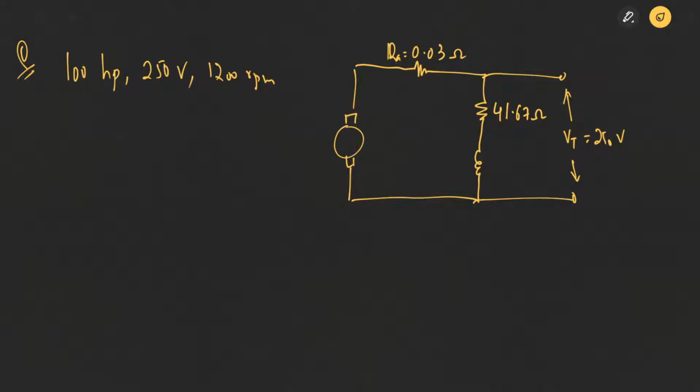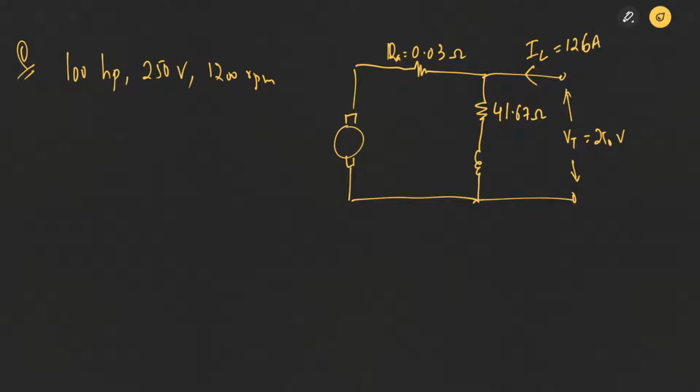We are ignoring the armature reaction and the losses. The motor is assumed to be driving a load with a line current of 126 amperes. Line current here refers to this current, 126 amperes, at an initial speed of 1103 rpm.